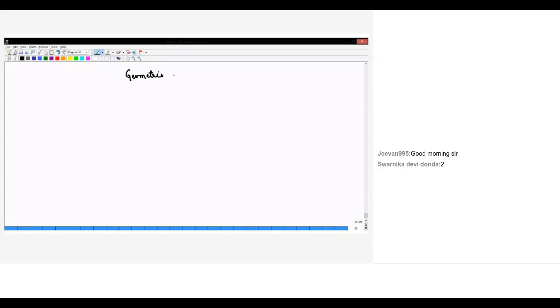Geometric series. See, geometric series: if the first one is A, the second one is AR, the ratio is the same, third number is AR square, fourth is AR cube.